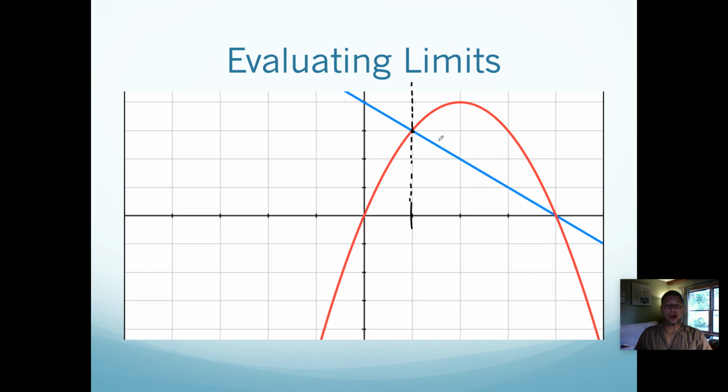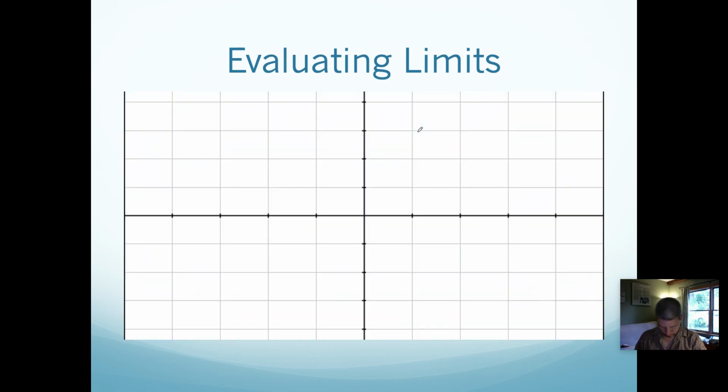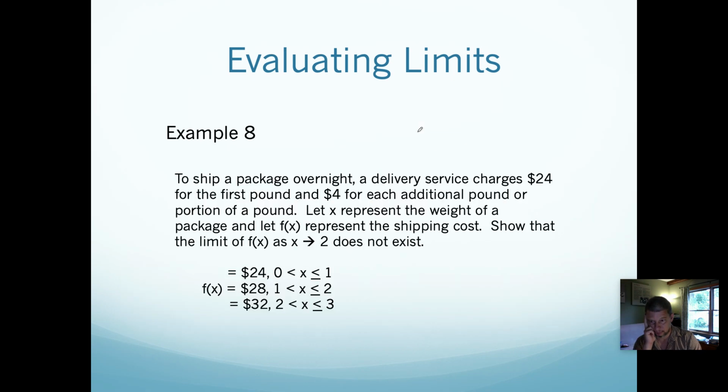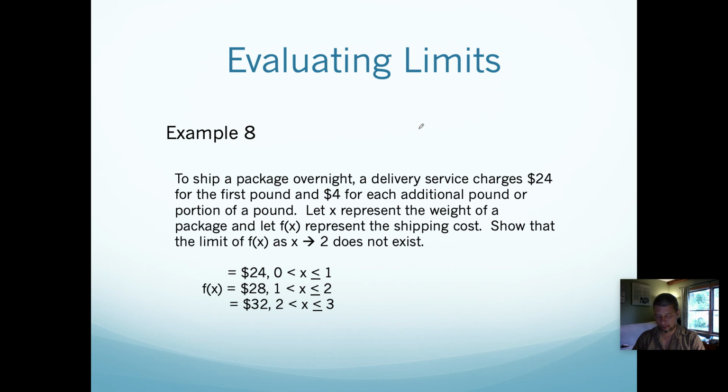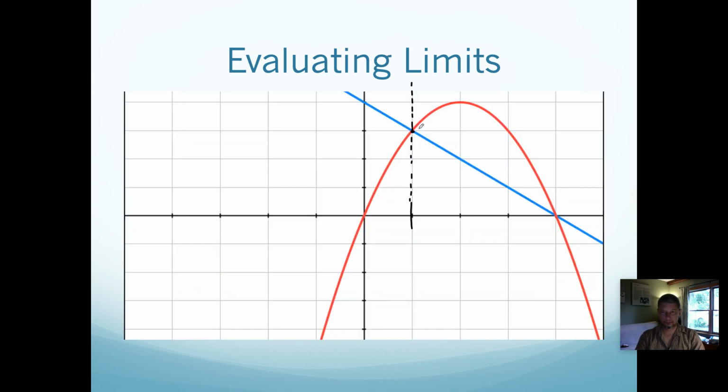Because Graph Sketch does not allow me to eliminate the lines, this should not be here, nor should this be here. So just imagine that these two parts of the line don't exist.